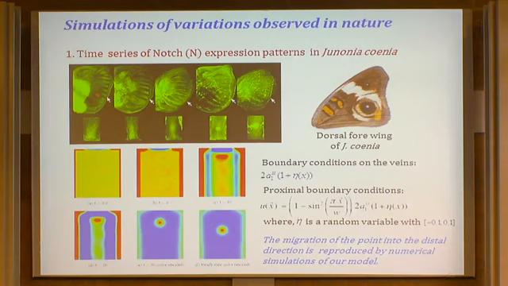This gets narrower, and finally a concentrated portion appears in the wing cell, and in some cases this focus point moves toward the distal side.